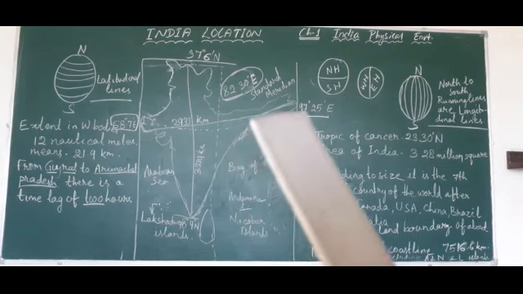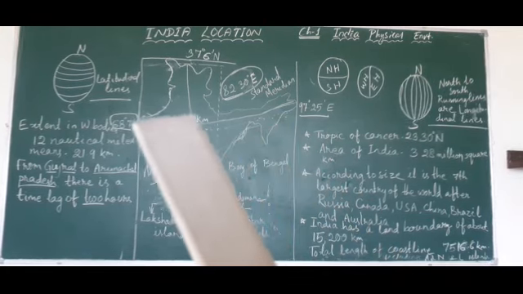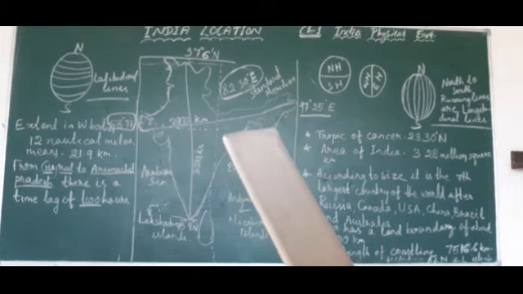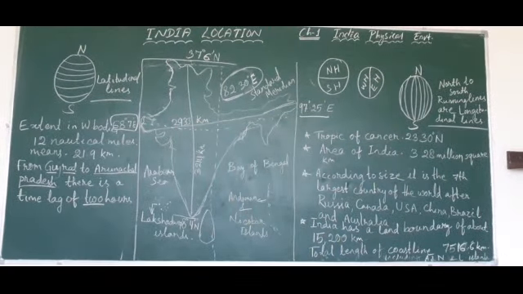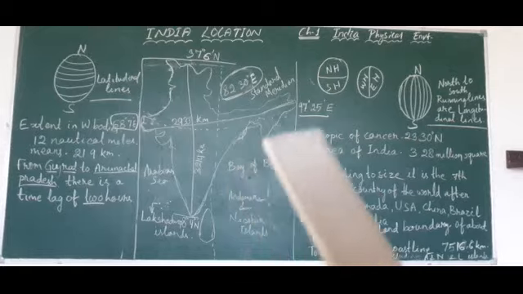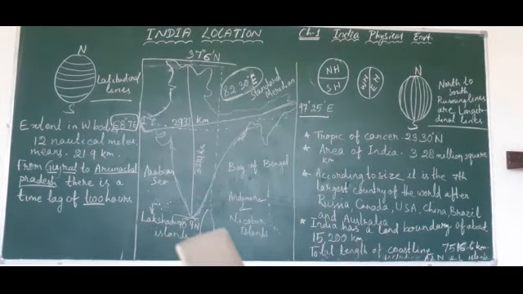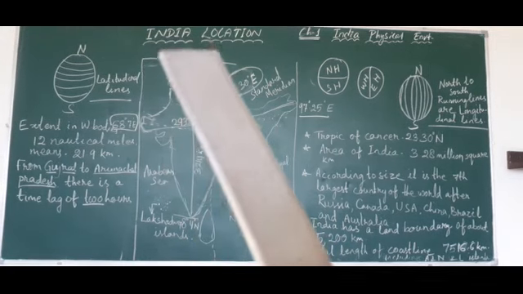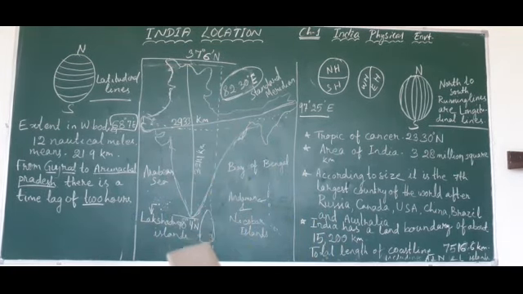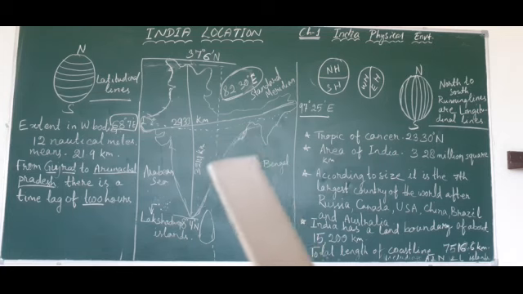Which line? Latitudinal line. This is your latitudinal line. This Tropic of Cancer divides India into two equal halves, the subtropical part and the tropical part. Subtropical zone is the northern part of India, tropical zone the southern part.